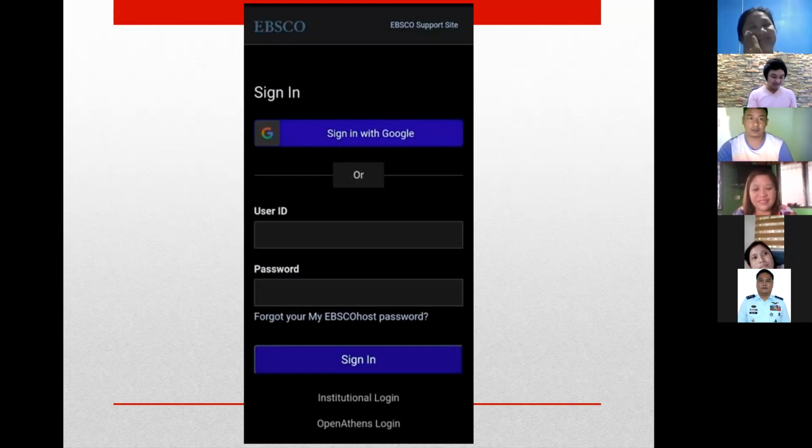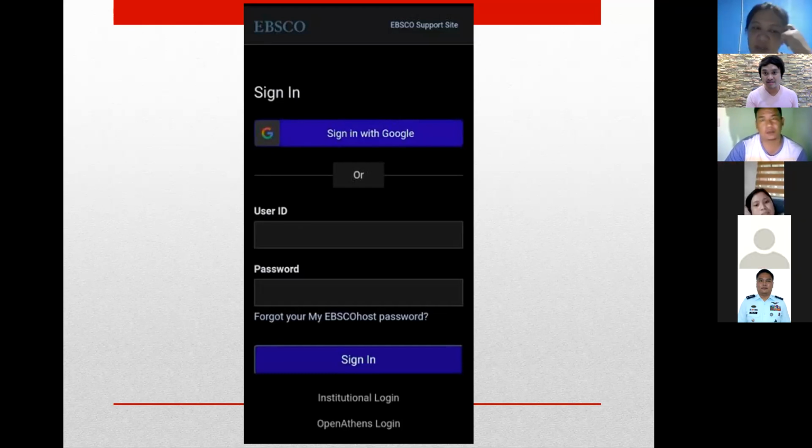O di sige, magpo-forward ako ng... nabigyan ko na ba kayo ng ID and password? Wala pa po. Not yet, okay. So meron akong i-forward sa inyong GC, EDD EDMA Block 1C.